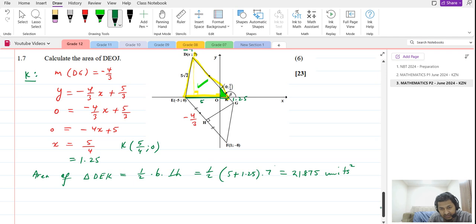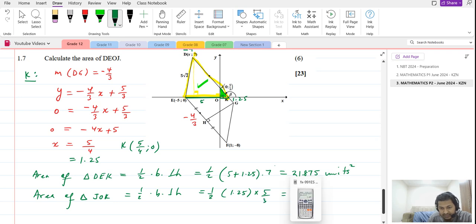That's easy, because it's half base times height. So the area of triangle JOK is half base times perpendicular height. That's half. What's the base? The base is just OK, which is 1.25, and the perpendicular height is 5/3.